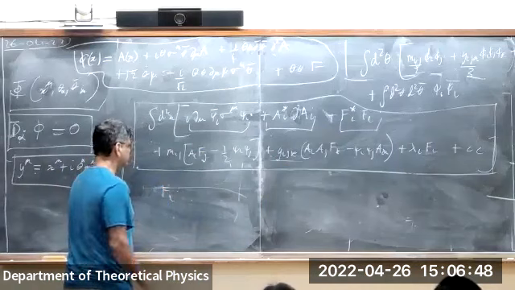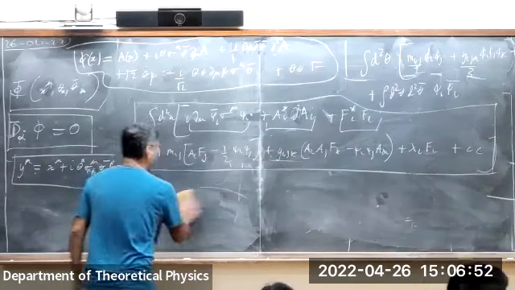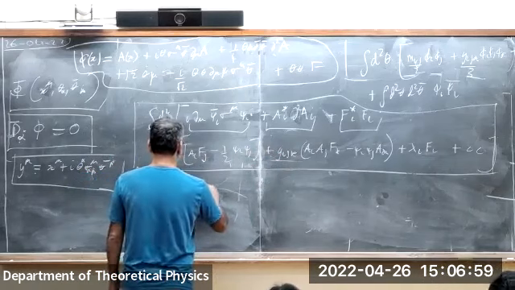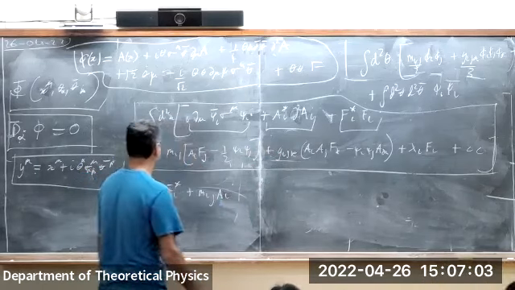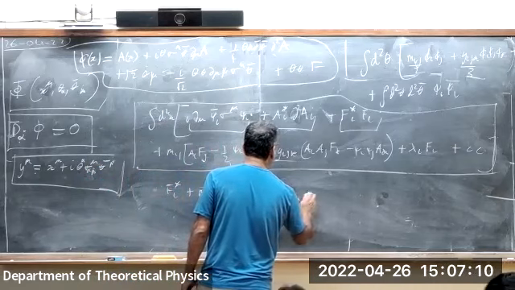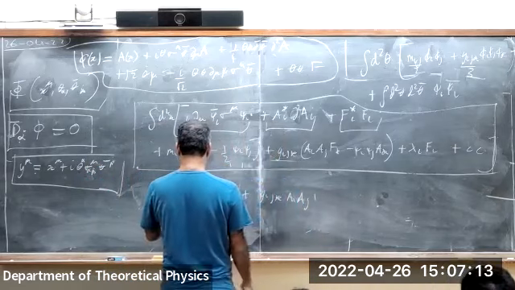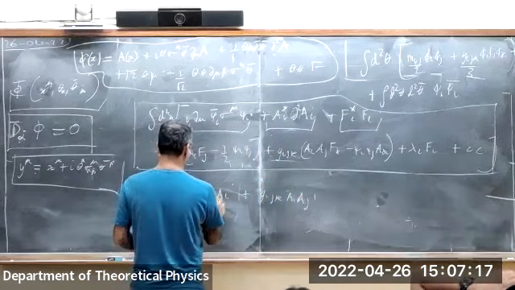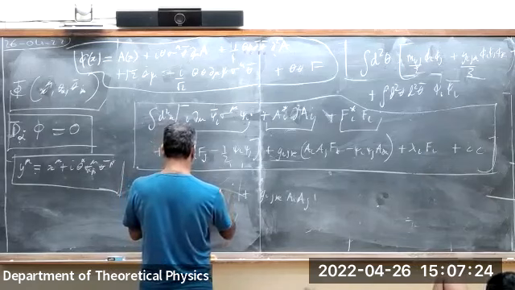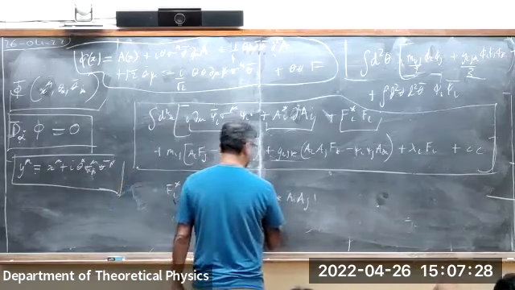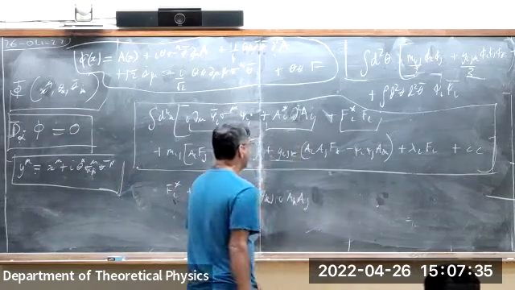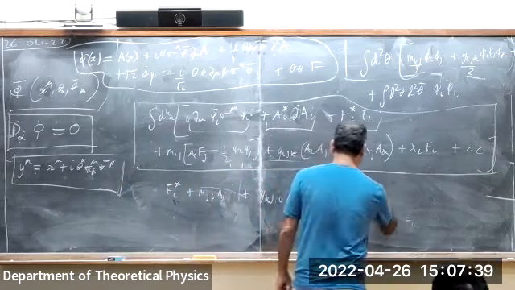We get F I. Since we don't know the F's here, let's do the equation of motion for F. We get F I star, okay, plus m_ij A_i plus g_ijk A_j. Now I want to keep I as the index, so this is I, so j, j, I, and here was k_ji, plus lambda I is equal to 0.